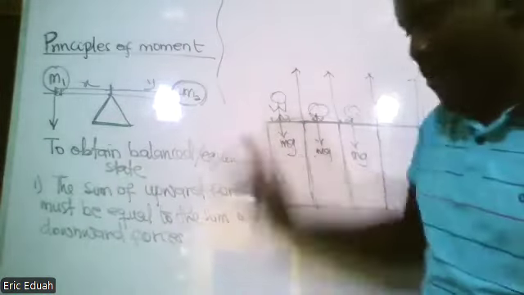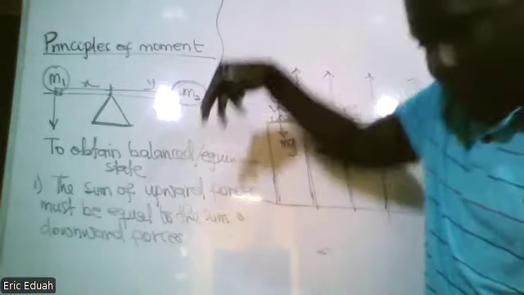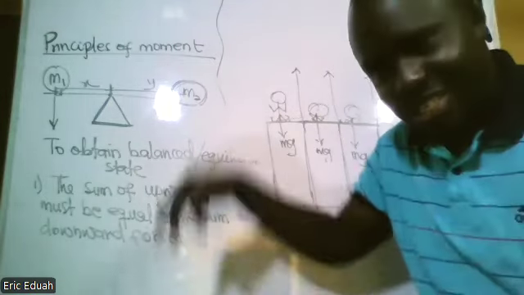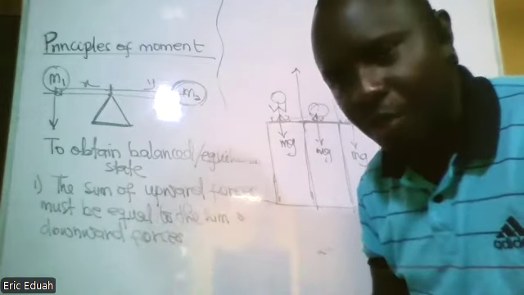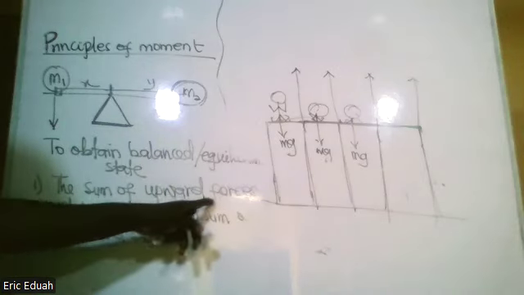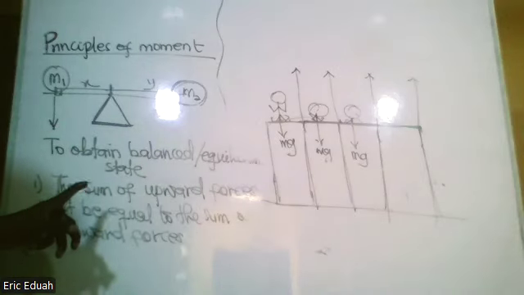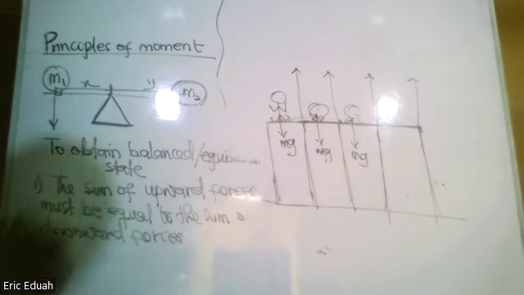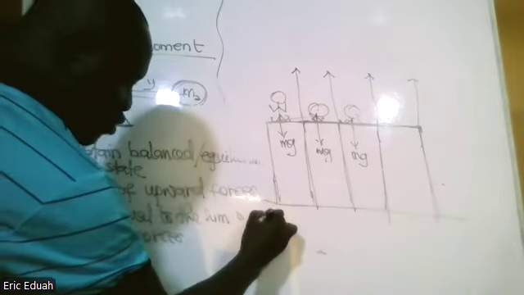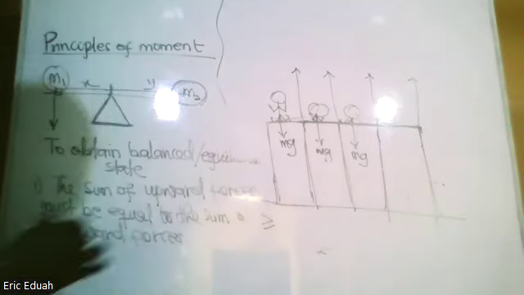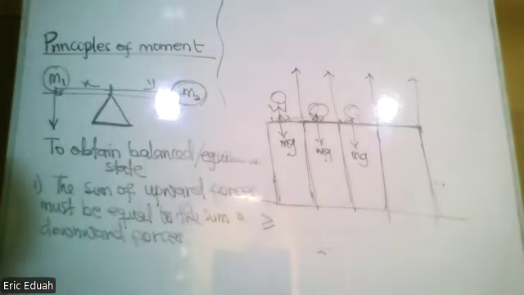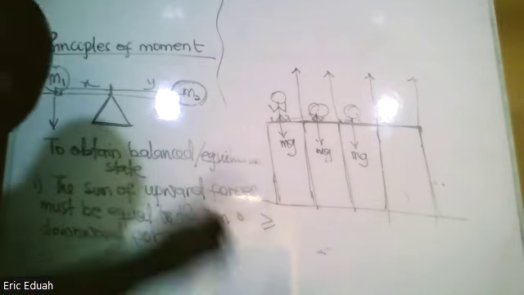The sum of upward forces must be equal to the sum of downward forces. Actually, the sum of upward forces must be greater or equal to the sum of downward forces, and not the other way around.